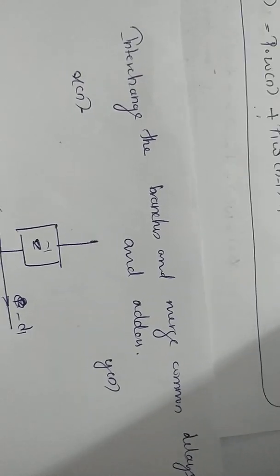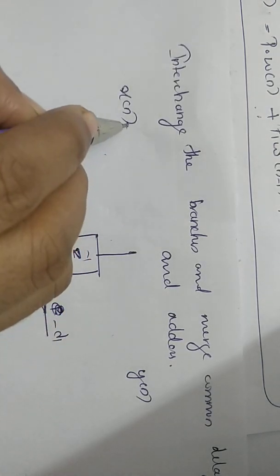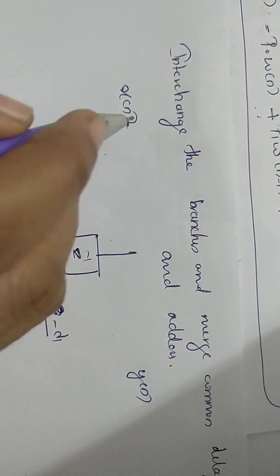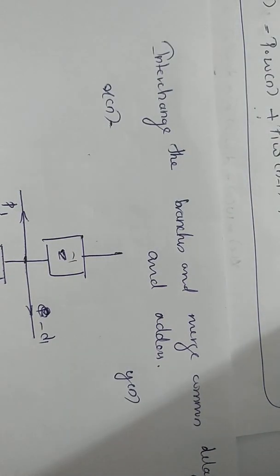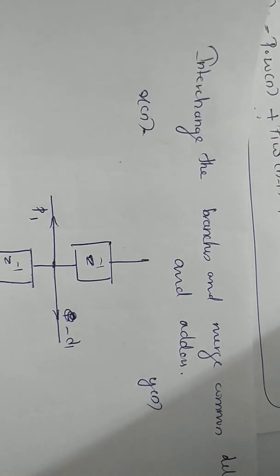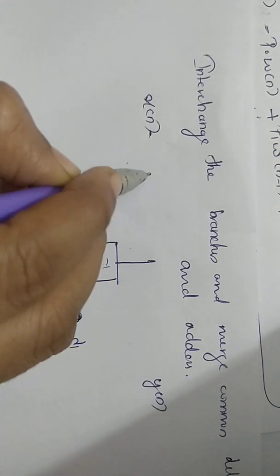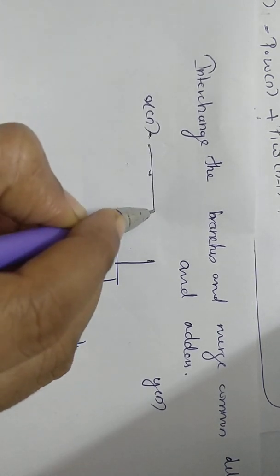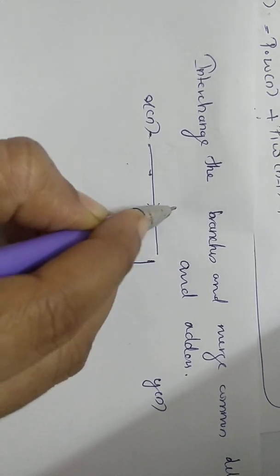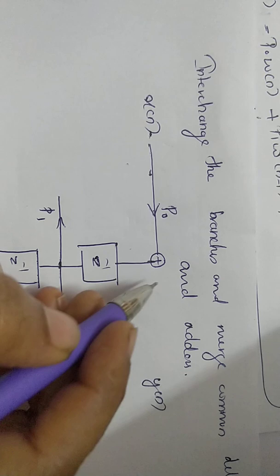Now let's compare it with the equation. First is x of n. X of n is multiplied with p0, which is another term that is also there. X of n is coming like this, p0, and here one adder is there.